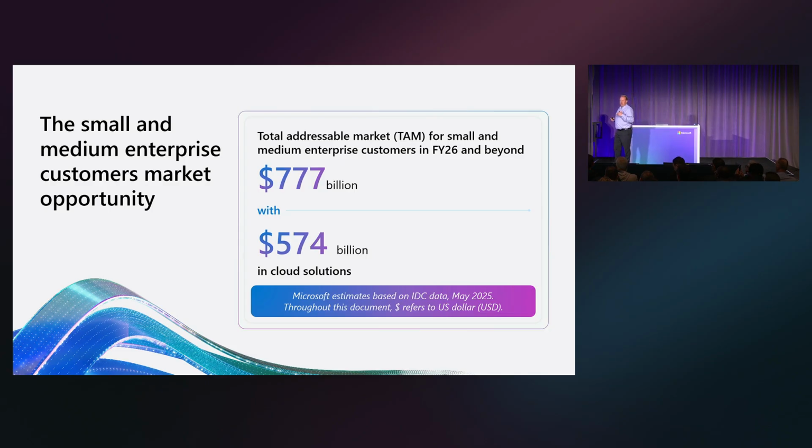We are aligning our incentives and our investments to focus on capturing this market. By tapping into this opportunity, partners like you can unlock new revenue streams and establish an even stronger foothold in the SME sector. And Microsoft is now investing heavily in CSP as being our hero approach to the small and medium enterprise segment with you.